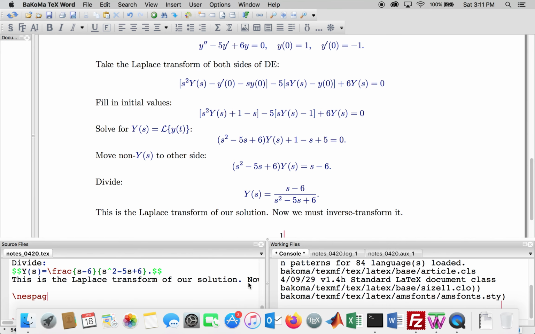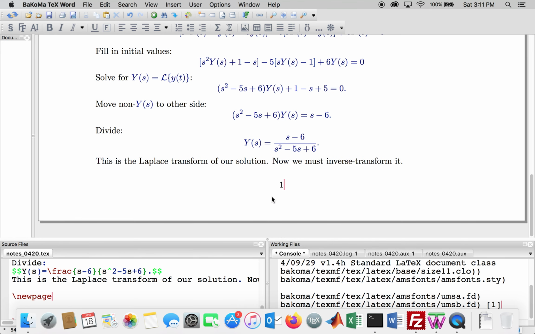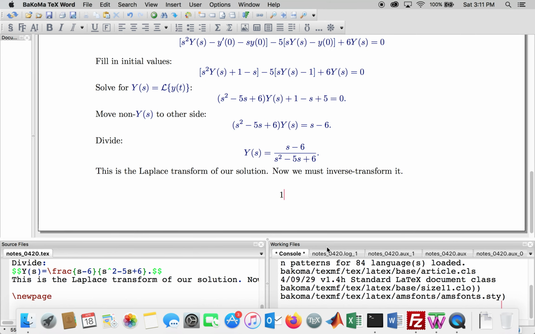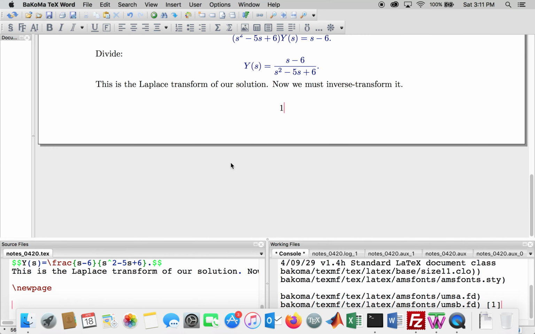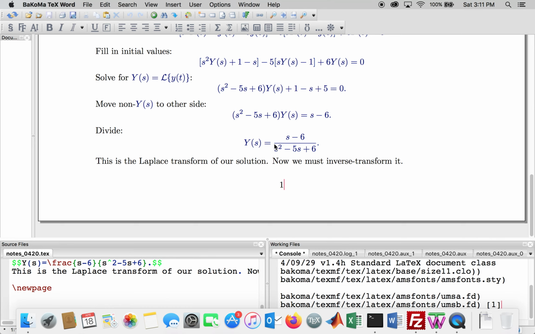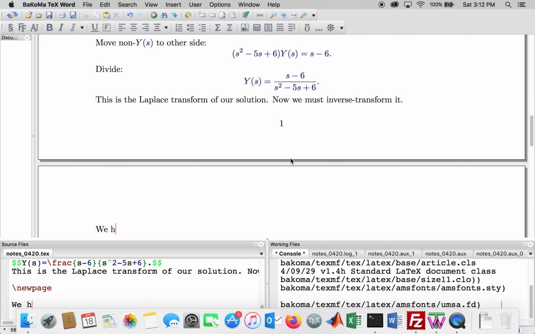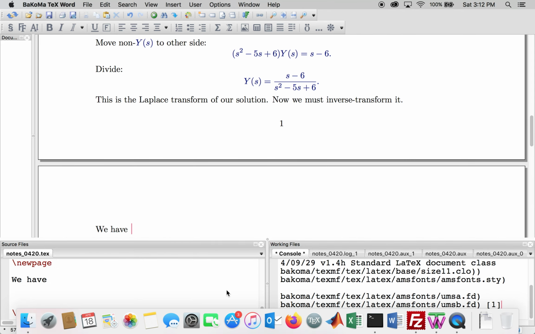So I'm going to continue this onto a new page. If it'll let me. Okay. Now, one thing that is a good idea to do with an expression like this is factor the denominator, and also, from what you would have seen in Calculus 2, use partial fraction decomposition to break this up into fractions that are easier to work with from an inverse transform point of view.